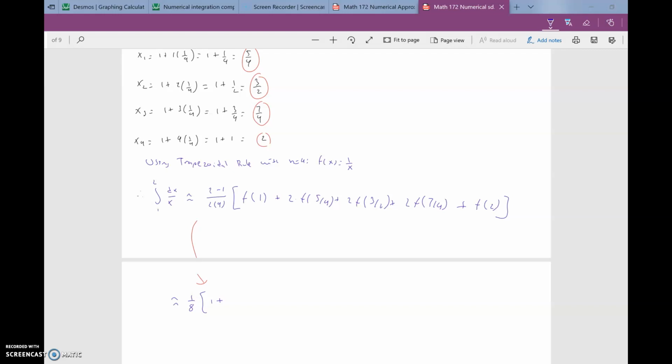So that's just 2 times 4/5 if you use the reciprocals, or it's going to give you 8/5, plus 2 times 2/3, plus 2 times 4/7, plus f of 2 is going to be 1/2.